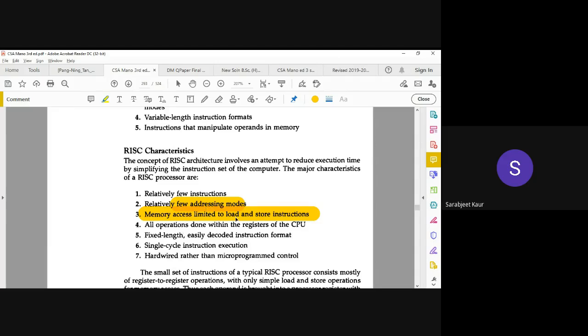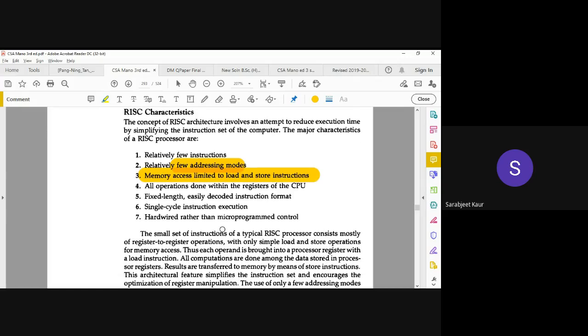Memory access limited only to load and store instructions, and all operations done within the registers of the CPU instead of relying heavily on the memory. What do we do to increase the speed? We do more and more operations in the registers. Okay, fixed length, easily decoded instruction format, single cycle instruction execution, and hardwired rather than microprogrammed control.